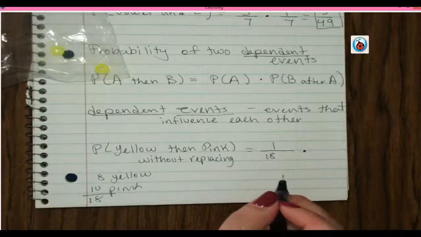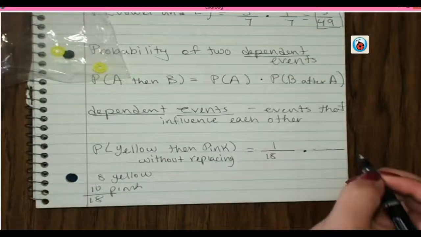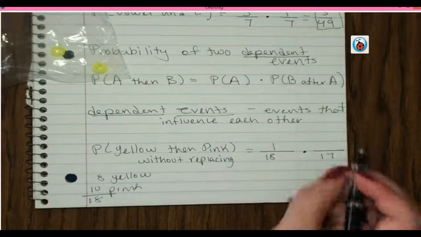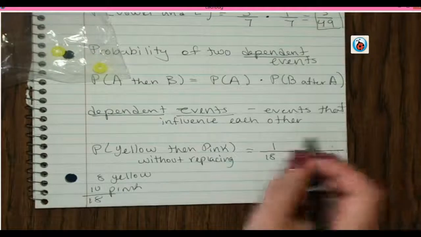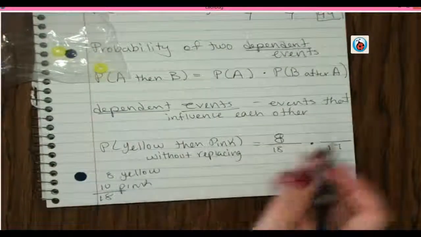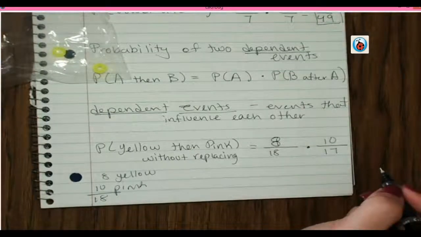But I don't replace it. I have it in my hand. So how many beads are in the bag now? 17. So what's my probability of pink? 10 out of 17.